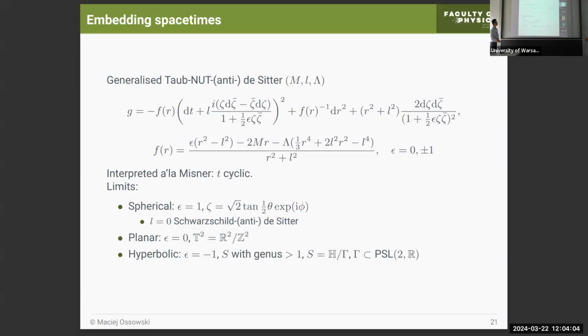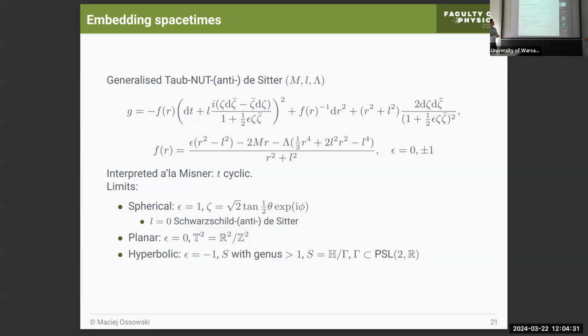So the question comes to mind whether this is just a mathematical curiosity that we can solve this, or do those horizons appear in some space-time? And perhaps unsurprisingly, if you have been following from the beginning, we have some kind of a NUT type space-time as a candidate, and they are so-called generalized NUT type.